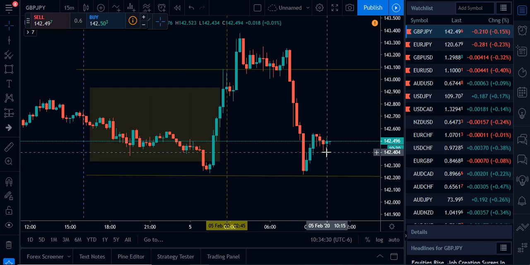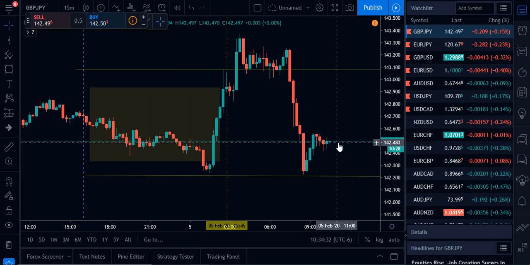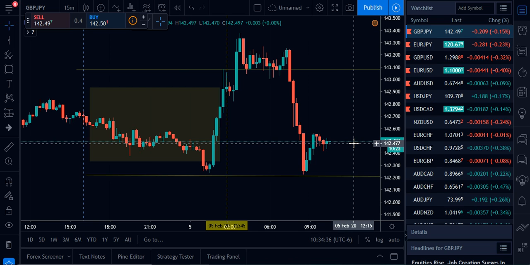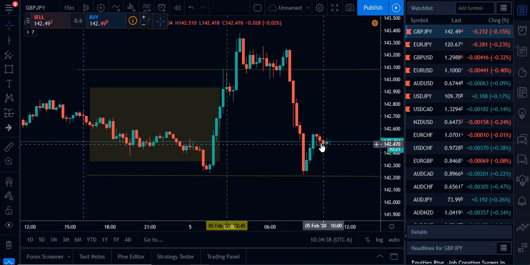But it's usually again around this area here, like 10 to like 1:30. That's the moment where the London session takes a break, and then you can get in there and predict.